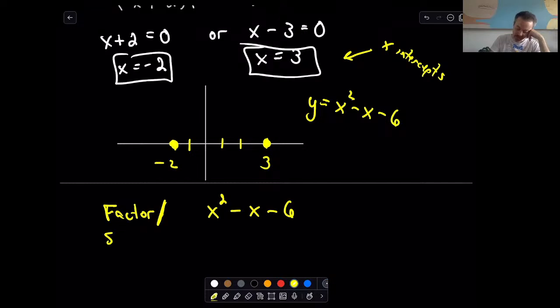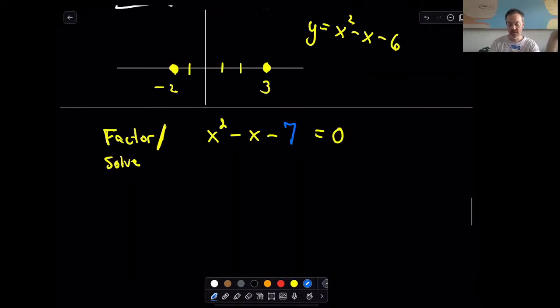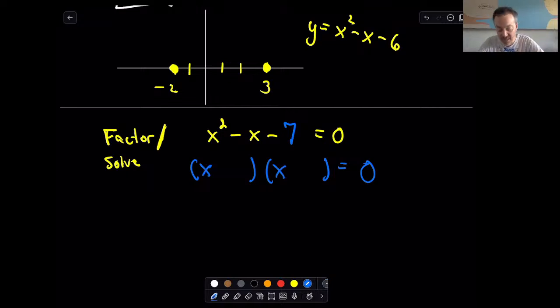What if I erase that minus 6 and make it a minus 7? Now, how does this factor? x and x gives me x squared, but give me two numbers that multiply to negative 7 but add up to negative 1. If you can't think of any, I can't either, because there aren't two nice whole numbers. But you could solve this using the quadratic formula.